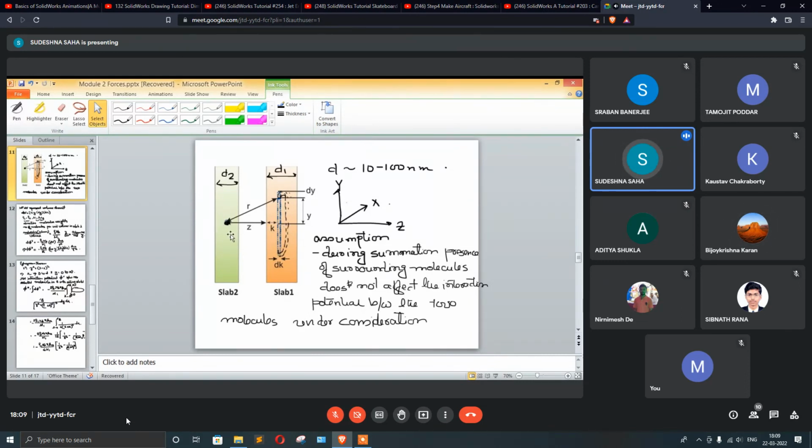We wrote down the equations, then integrated it for the whole slab 1, then took an element in slab 2 where this molecule is situated, and integrated over the whole slab. That was the main idea. Fine.